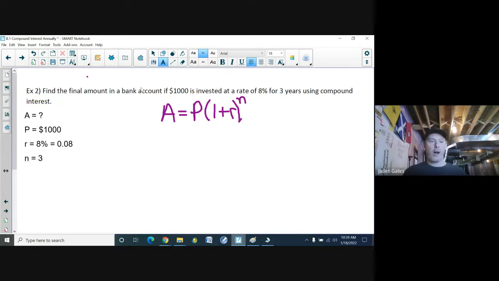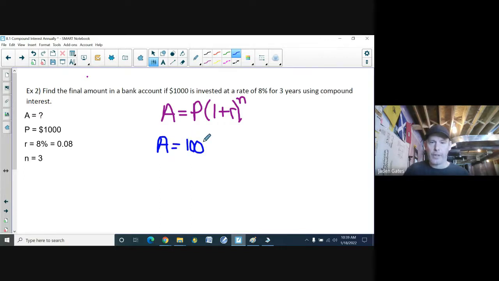All right, so now I'm going to substitute into my equation first off. So I have A is equal to P. We have 1,000. All right, 1 plus, we have our 0.08. That's our rate, and our N is 3. So I've substituted in.